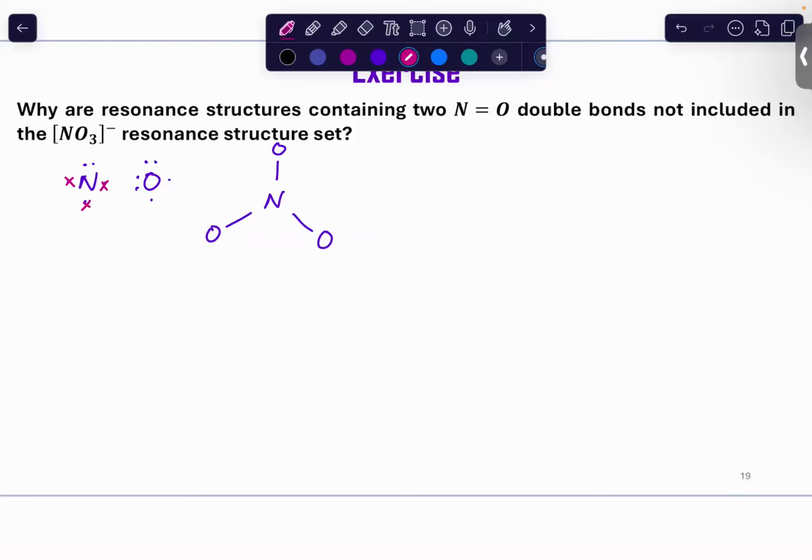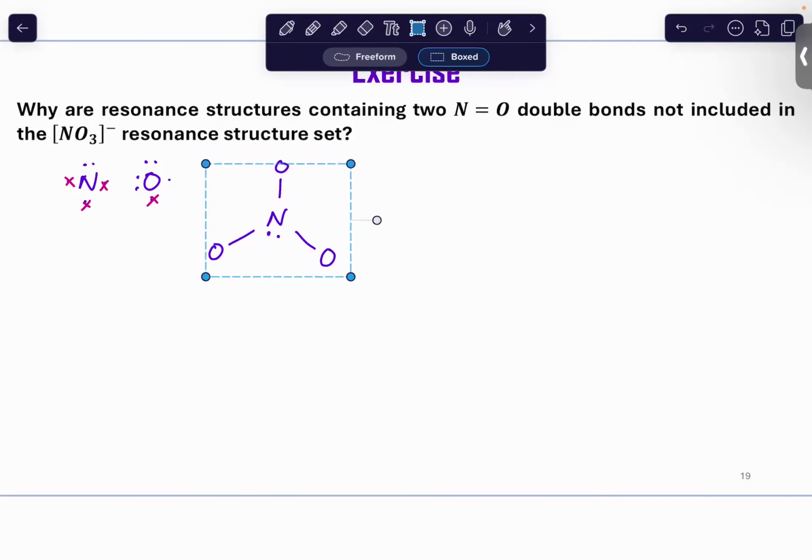So I've used all 3 of those for the nitrogen, and 1 of those for each oxygen. So now I'm going to replace what I didn't use. And then on each oxygen, we get this.